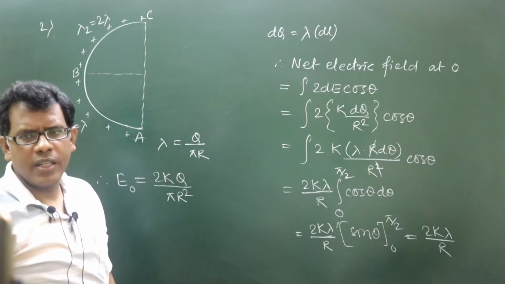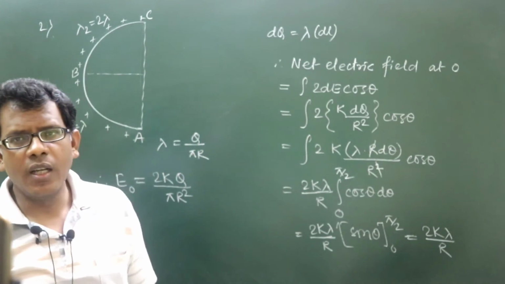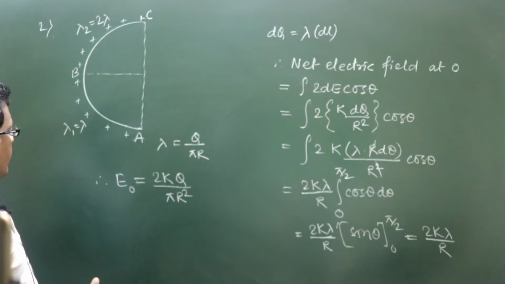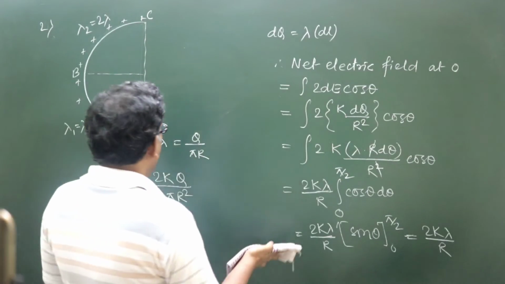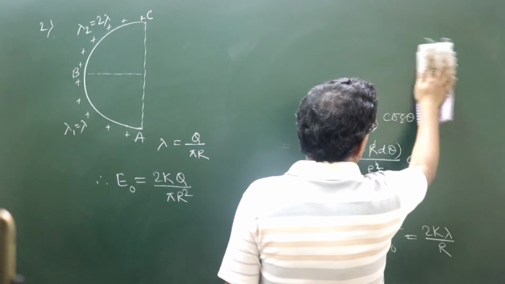We have different linear charge densities in the two equal halves of the semicircular ring. In AB the linear charge density is lambda, and on the BC segment it is 2 lambda.